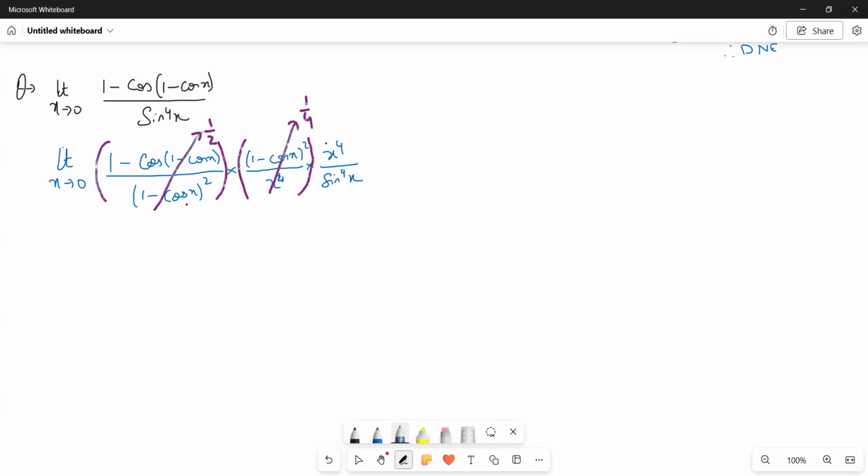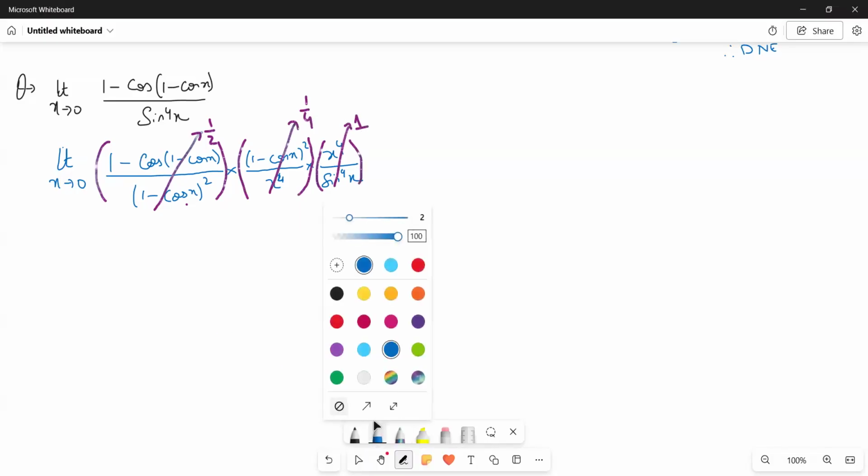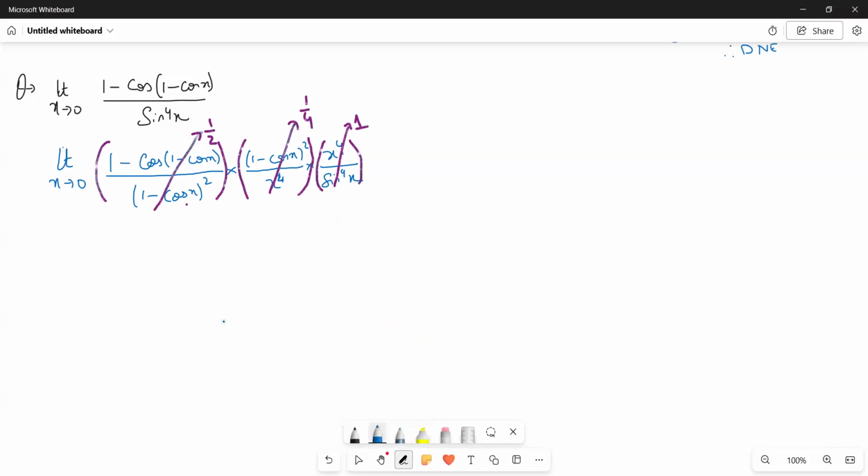And what about x power 4 by sin power 4? It is 1. So the final answer for the limit of this is 1 by 8. Is everyone able to understand this? Yes, sir.